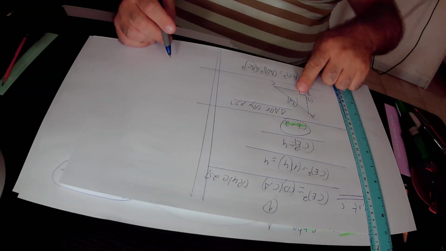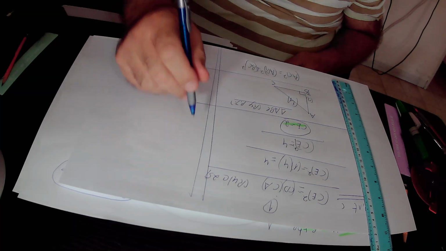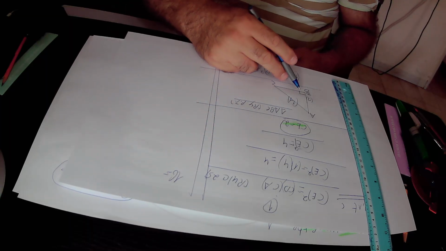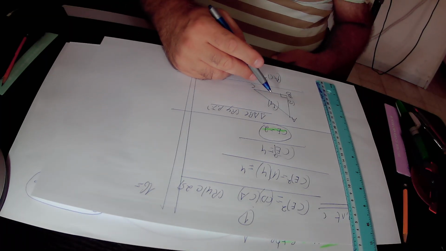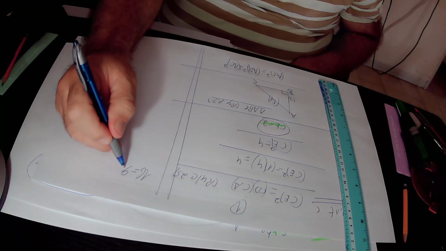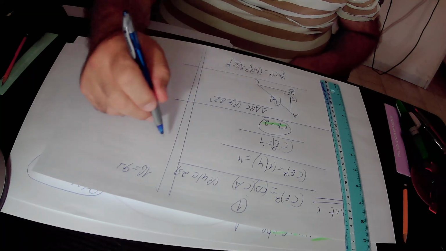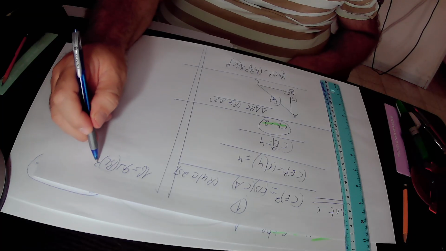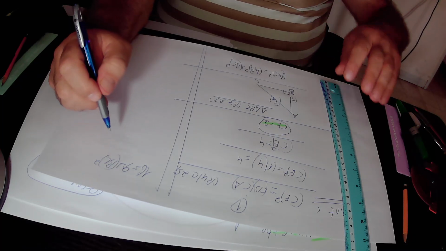AC is 4, therefore AC squared is 4 squared, that is 16. And it is equals to AB squared. AB is 3, therefore AB squared is 3 squared, that is 9. Plus BC squared. BC is the missing side, so we leave it as it is. So in total, we found out that 16 equals to 9 plus BC squared.